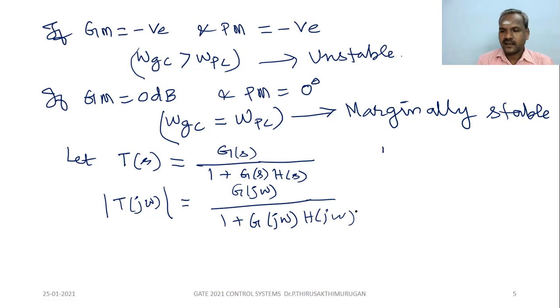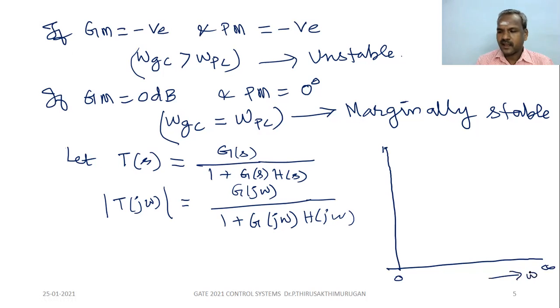Let us draw the magnitude response for this transfer function. We are varying omega from 0 to infinity, and this is the magnitude of T of j omega.